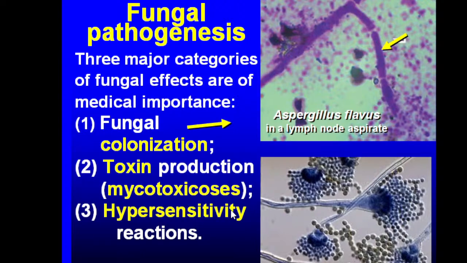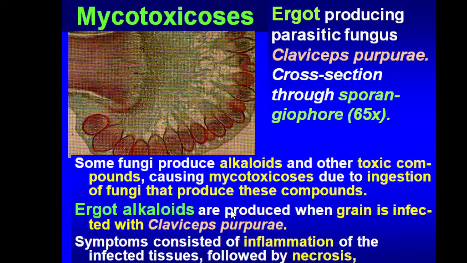Okay, now one by one we take a look at these types. The first example of mycotoxicosis is the ergot-producing parasitic fungus called Claviceps purpurea. The toxic substance is ergot.